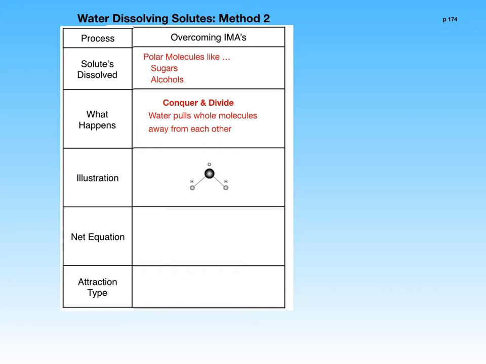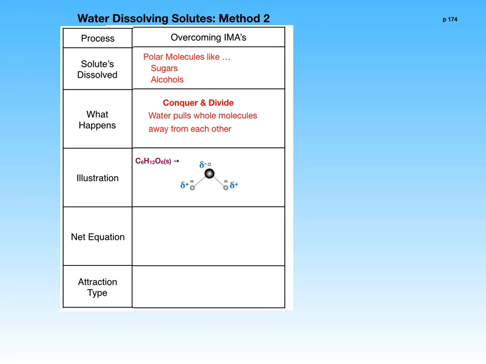Once again, recapping water: a very polar molecule, asymmetrical shape, very large electronegativity difference between the hydrogen and oxygen. The oxygen side always carries that partial negative charge, and the hydrogen sides of the molecule always carry a partial positive charge. So you take a sugar like sucrose and you dump it into the water.